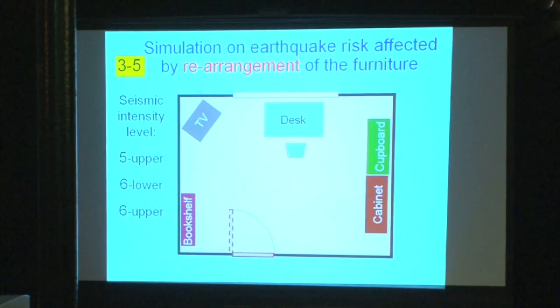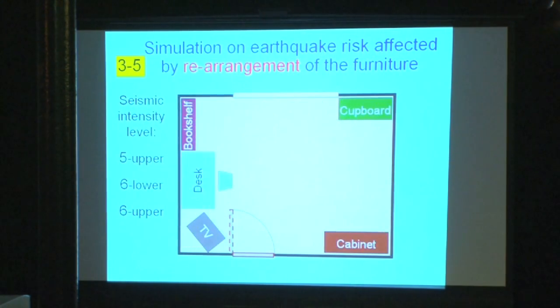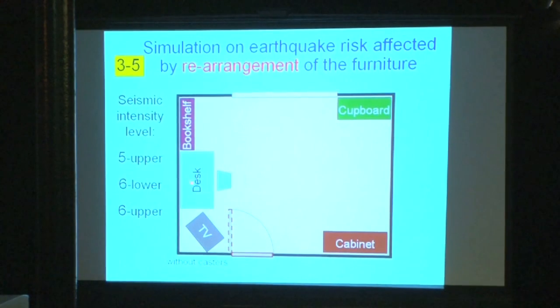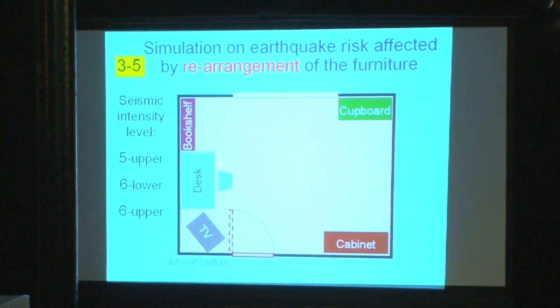Finally, I would like to change this layout to a new one, like this. So the chair is set near the main exit, and the casters of the television are removed. So the intensity level goes up to 5 upper.